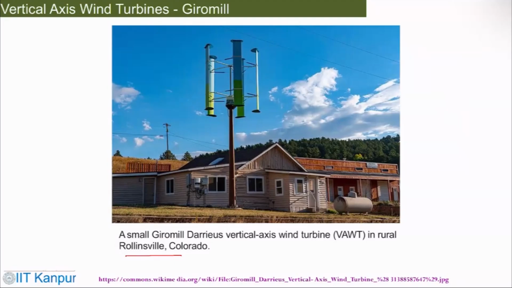So you capture the wind, and obviously, when you are exposed to the wind, you get this kind of power generation which can cater to small needs. So that's a nice picture of a basic Darrieus type vertical axis wind turbine installation for local neighborhood applications or things like that.